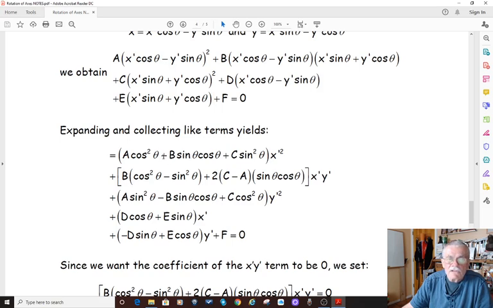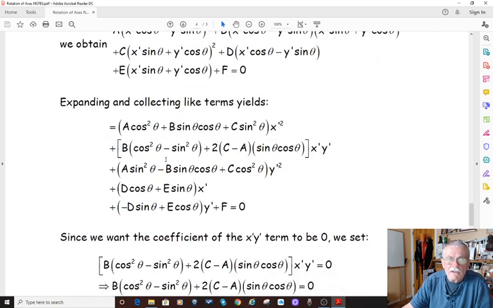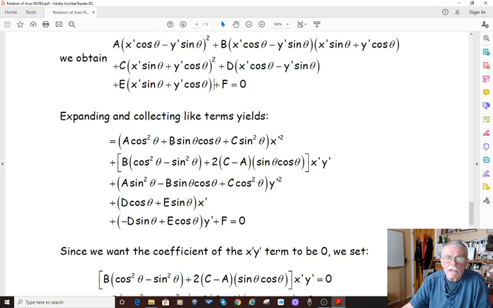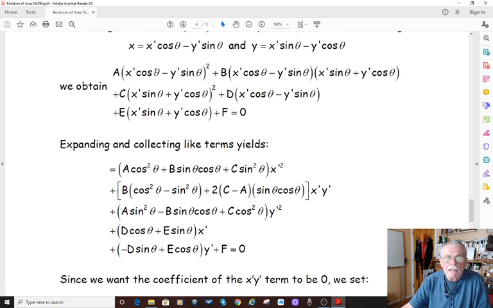It looks like I lost a sign here. If I got this right, this should be a negative. I'm going to have to change that. At any rate, I'm going to go through and check all these signs, and I'll update this for you to make sure. But I'm believing this should be a negative. Oh, wait a second. No, I take that back, because what I did here is I squared this, and then I collected all the x squared terms.